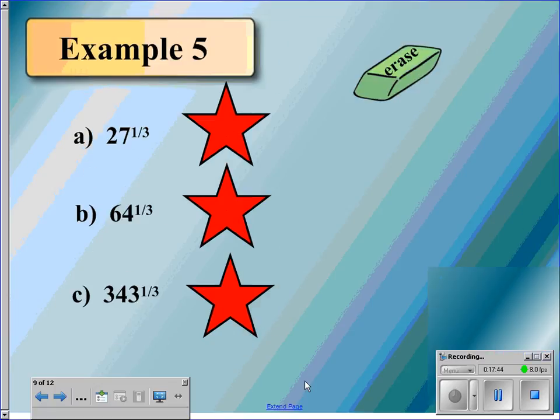Next, let's practice with 1/3 as an exponent. 27 to the 1/3 power is the same thing as the cube root of 27. What's the cube root of 27? Perfect. 64 to the 1/3 power is the same thing as what?